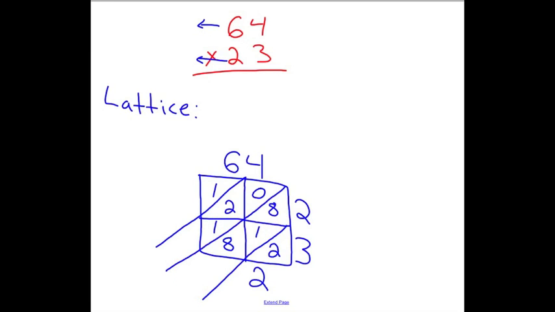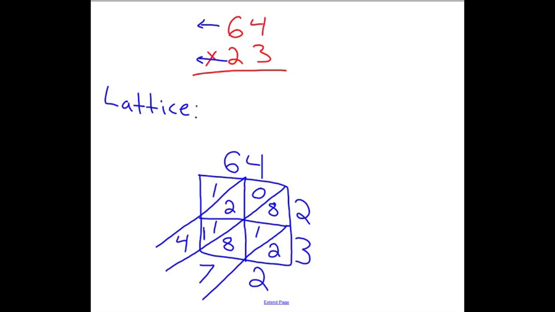So in there, I have 8 plus 1 plus 8. Which makes 17. I put the 7 there, and I move the 1 up to my next diagonal from 17. Here's my next diagonal that I need to add up. Okay? 2 plus 1 is 4.